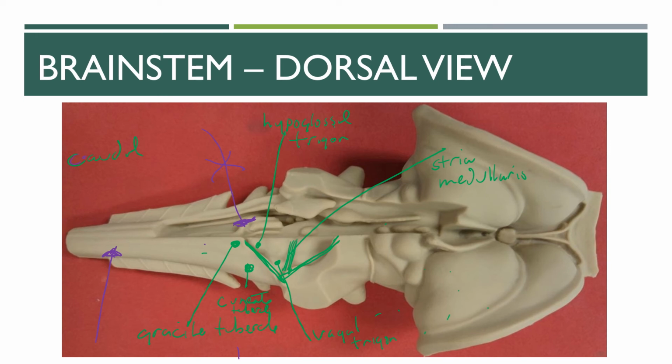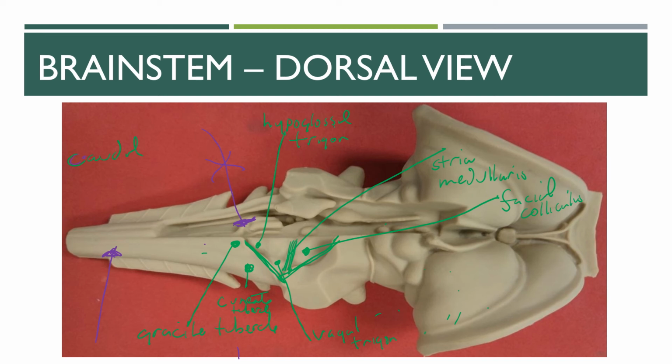Then we have a raised area cranial to the stria, and that is going to be the facial colliculus. So within that fourth ventricle, we can see the hypoglossal trigone, the vagal trigone, the stria medullaris, and the facial colliculus.